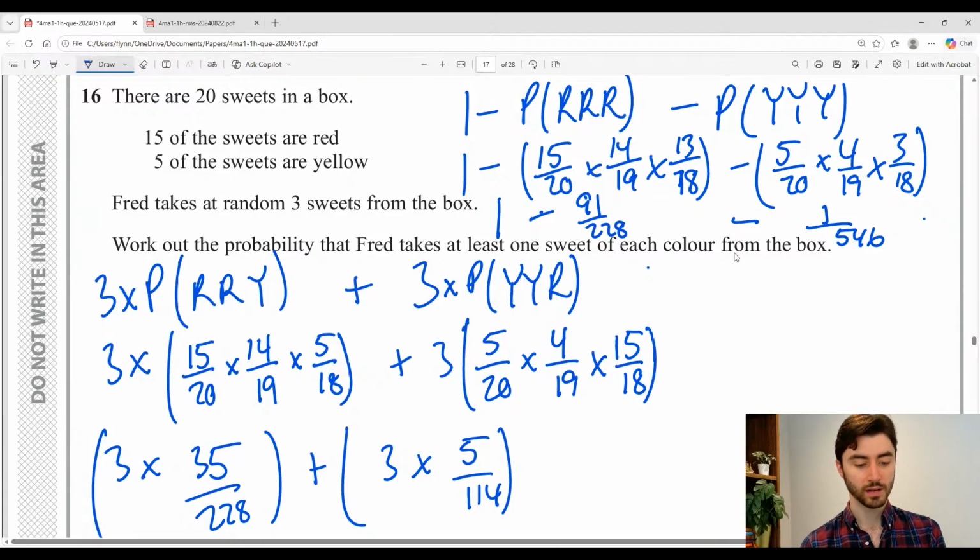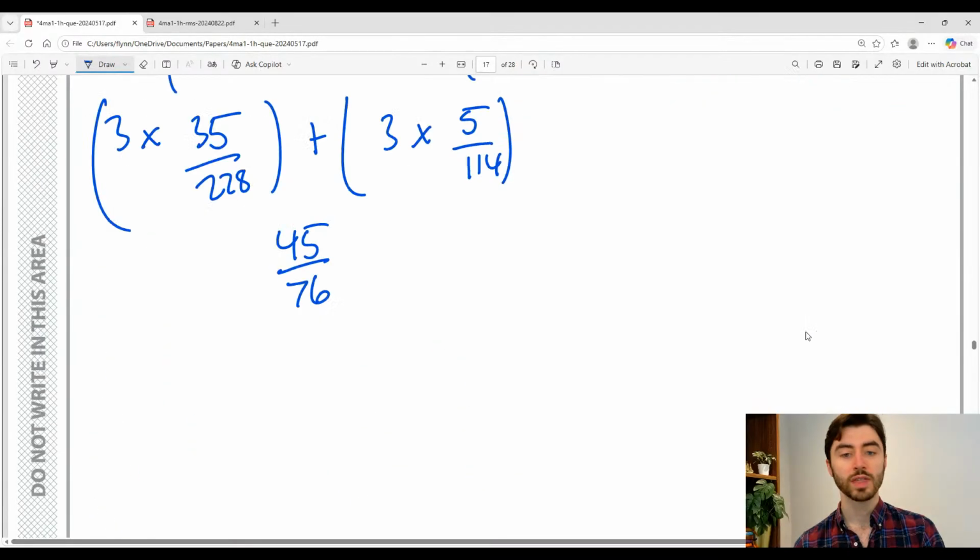Yeah, that should have been 1 out of 114. And that's kind of spoilers for the checking, by the way. So 1 minus 91 over 228 minus 1 over 114 does give me the exact same 45 out of 76. So that is the answer.